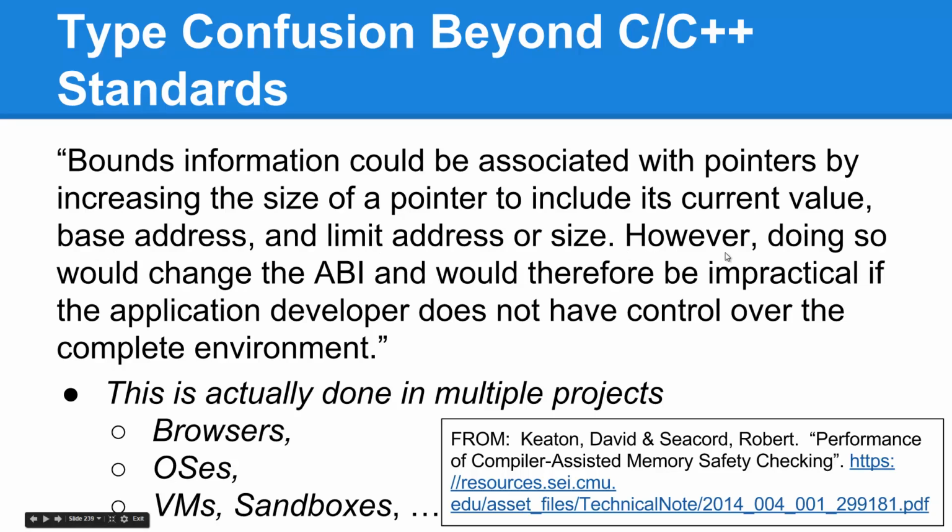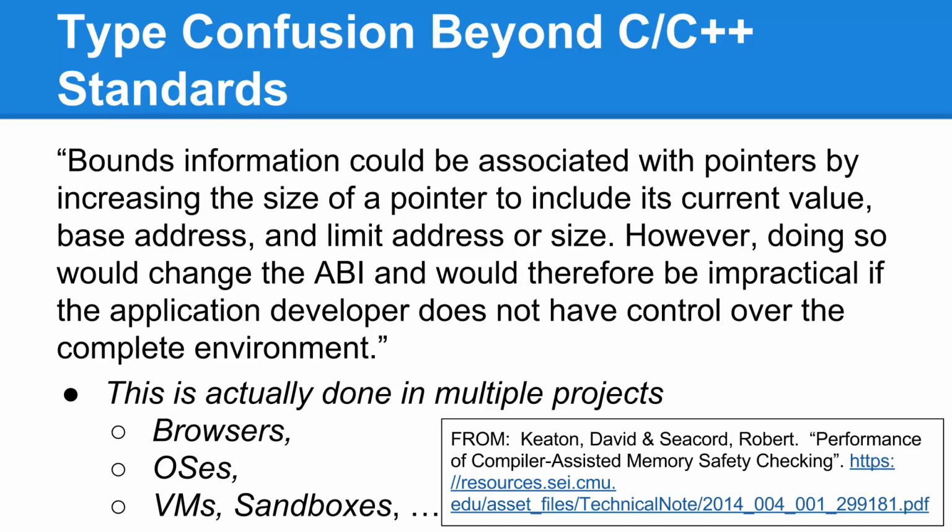The problem with altering this underlying type is that it would change the application binary interface, ABI for short. Think of it like API, the abstract programmer's interface, the set of functions you can use within a library or a program. ABI is exactly the same, but with respect to programs talking to programs.